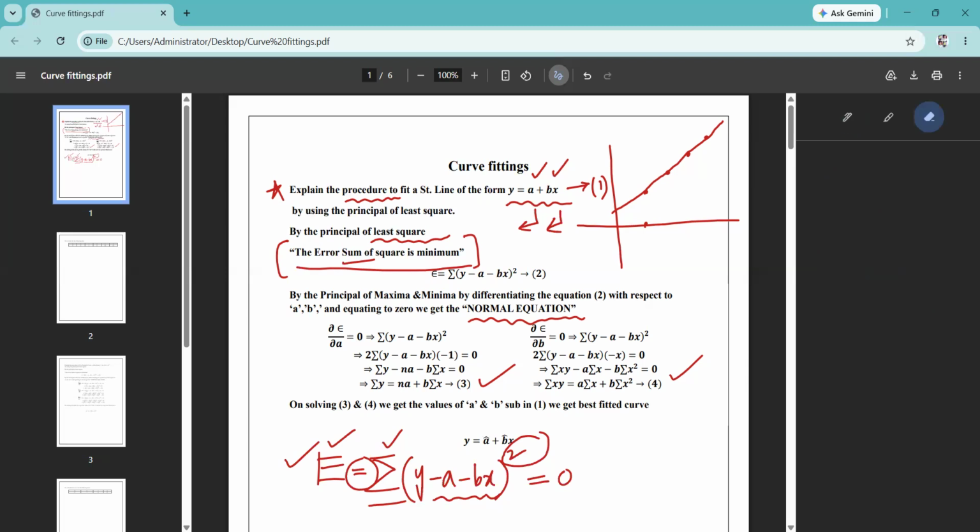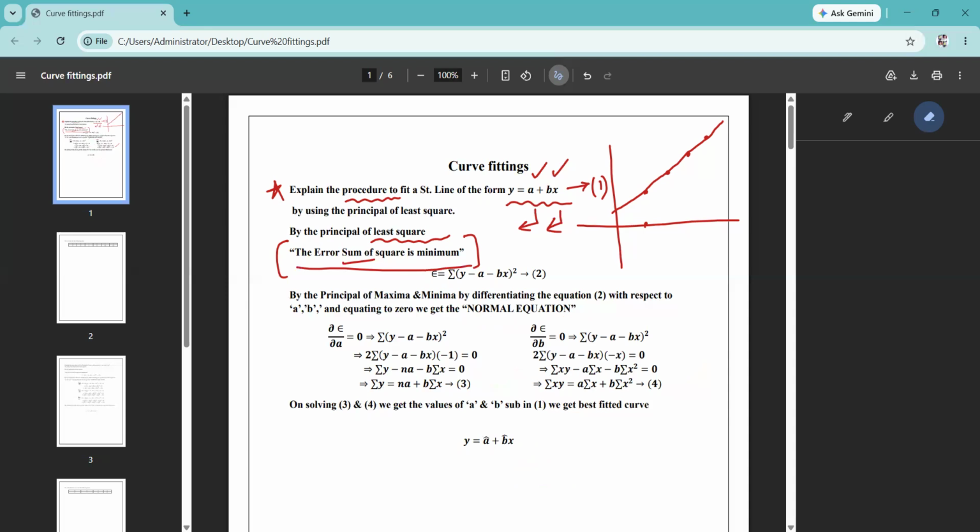So question number 1 is finding the normal equations. Question number 2, a maybe expected question, is the statement of the principle of least squares. And normal equations means explain the procedure of finding the curve. Normal equation, how to find out. This comes under this topic.